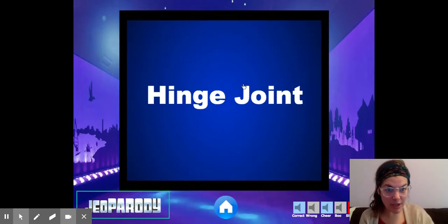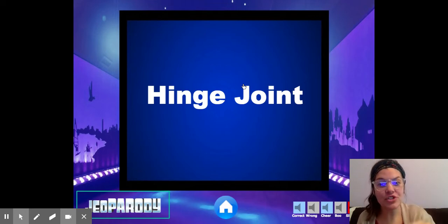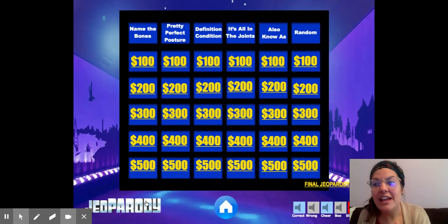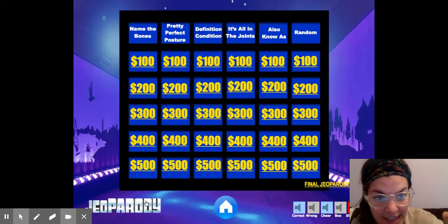The hinge joint. Think about the hinge of a door, okay? The hinge of the door goes like this. So the hinge joint. Okay, so that was 200 points. So if you got it, then you get 200 points. Add that to your 100 points. If you did not get it, then you get negative. Okay, so you do minus 200 points.